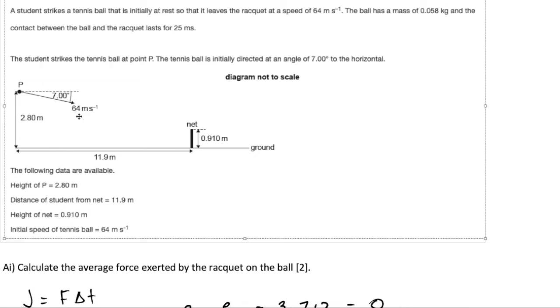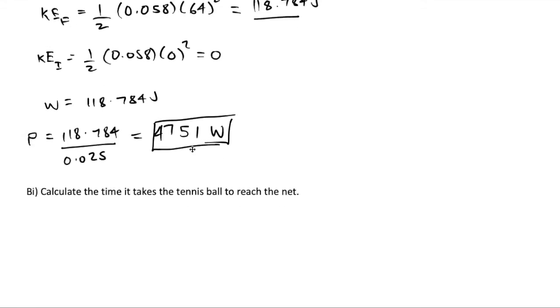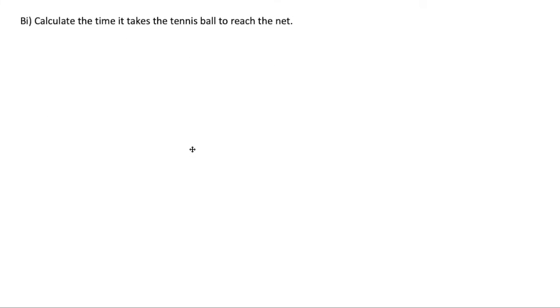This 64 meters per second can be broken down into the components of velocity, a horizontal and a vertical. So let's resolve this velocity to find the x and the y velocities. Using the x, we will be able to find the time. So let's draw the right angle triangle. It should look something like this.